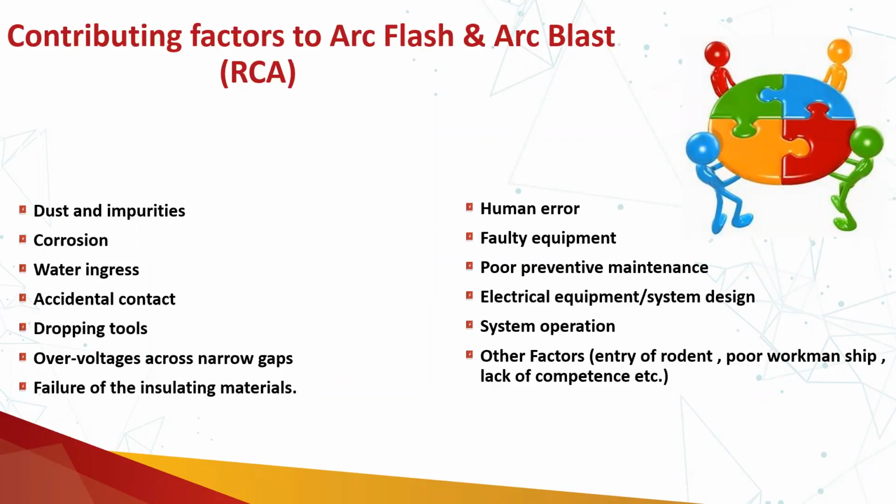For example, if you have witnessed any type of incident, or you are part of a root cause analysis team, and you have been assigned the task to identify what actually caused that particular accident, it will not always be NFPA 70E responsibility for any arc flash or arc blast event.